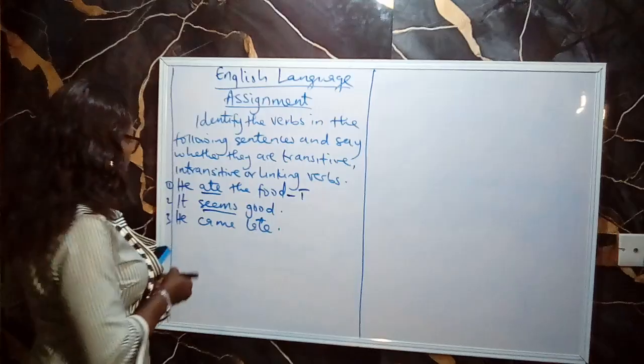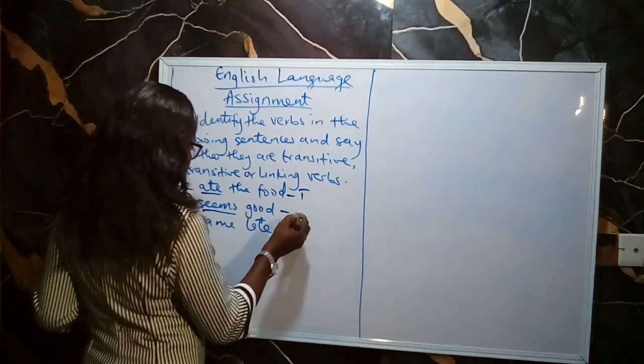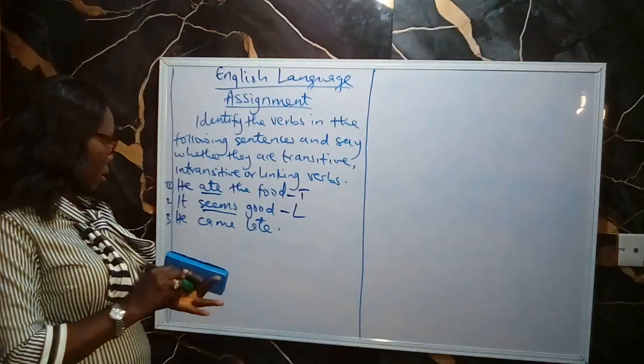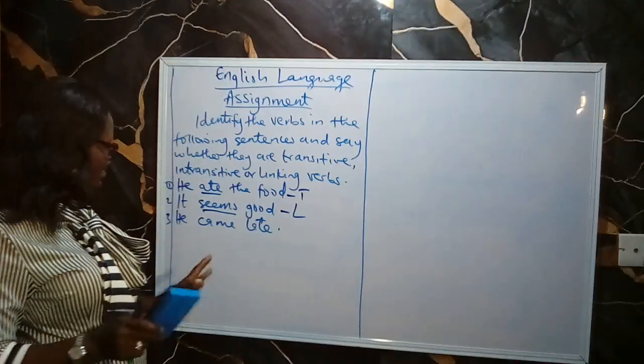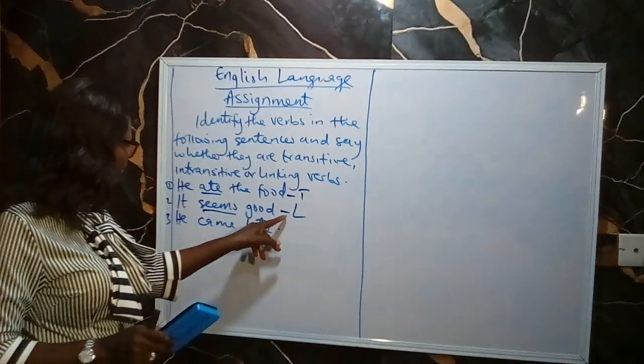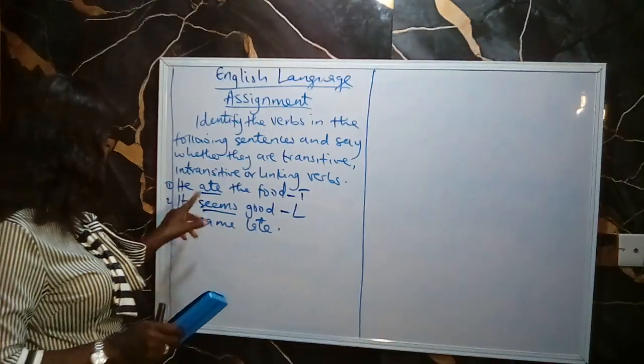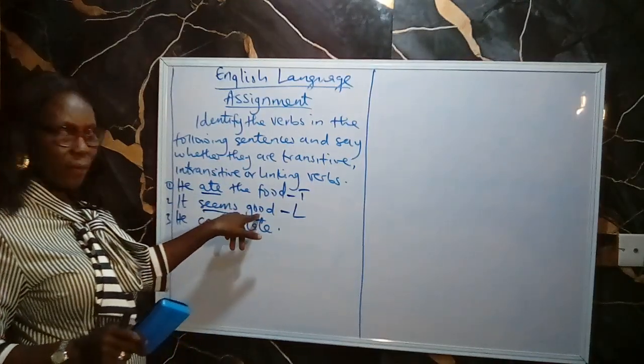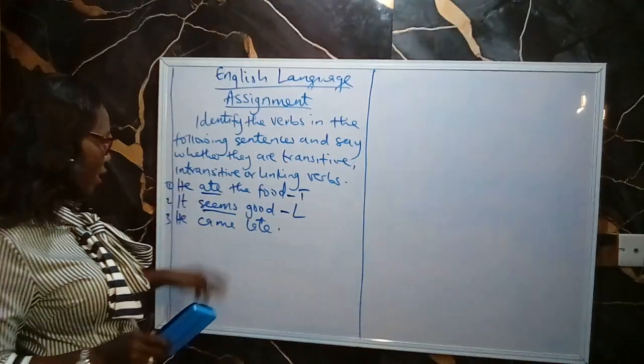So the verb here is a linking verb. I will use L to show it. Why is it linking? I want to explain again. It is linking because it connects the subject it to the adjective good. It is not an action.